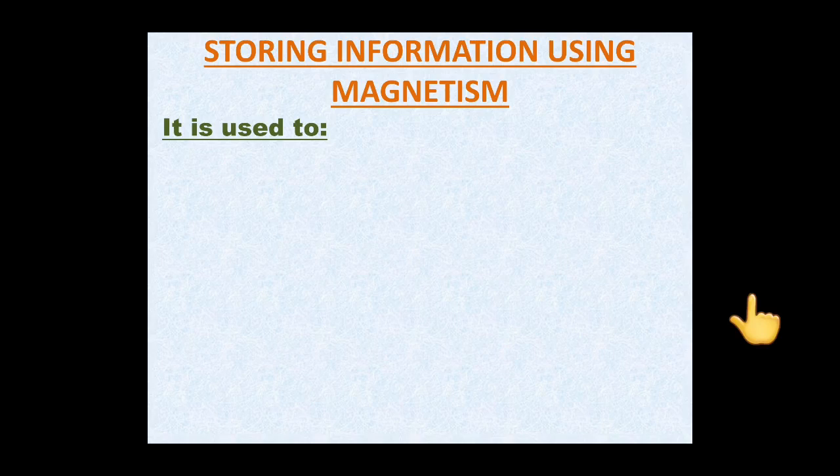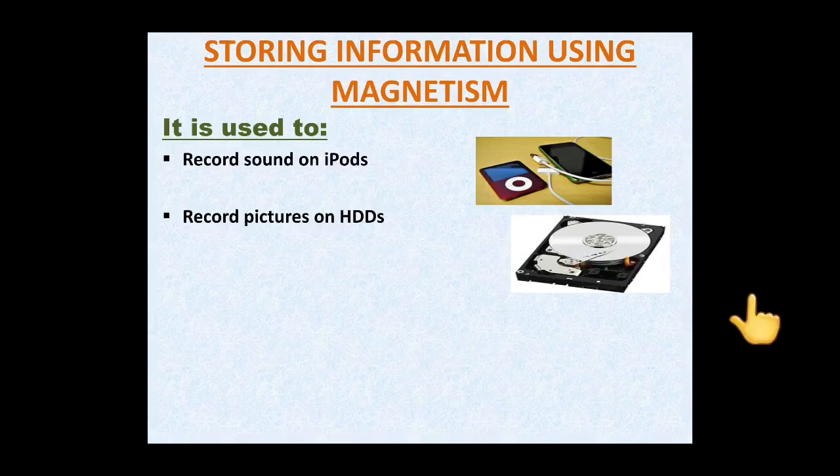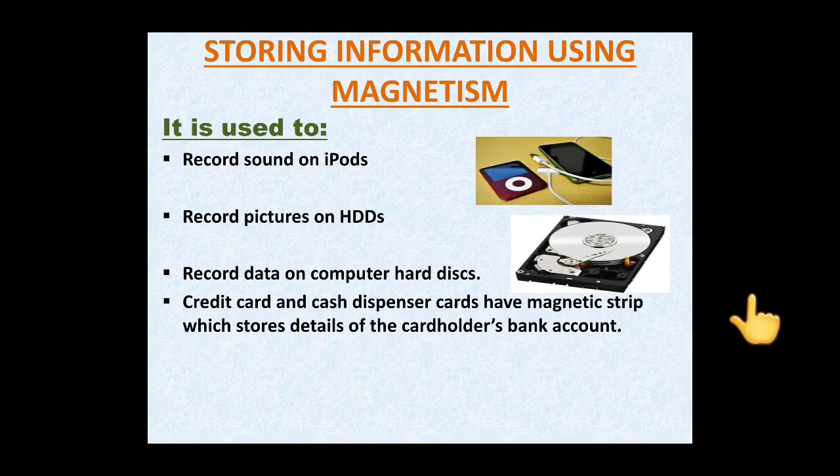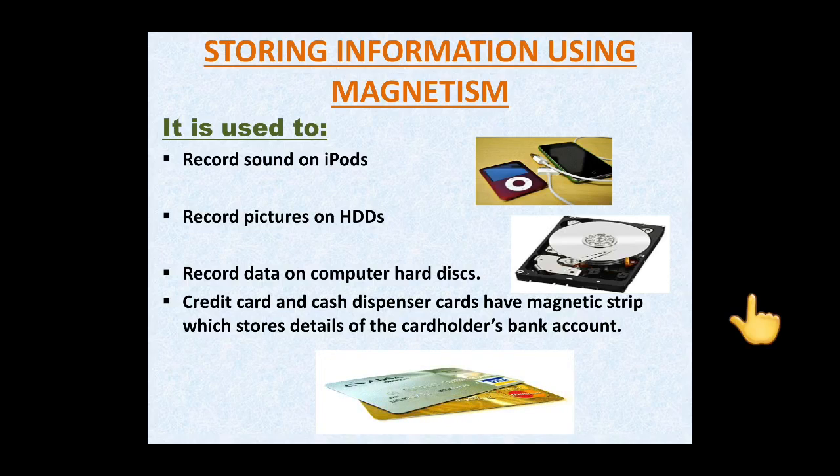Magnetism is used to record sound on iPods, to record pictures on hard disk drives, to record data on computer disks, as well as nowadays credit card and cash dispenser cards have a magnetic strip which stores the details of the cardholder's bank account. So these all are the uses of magnetism.